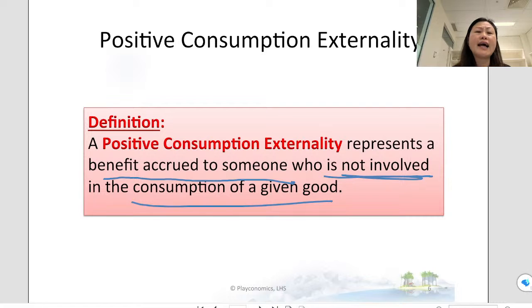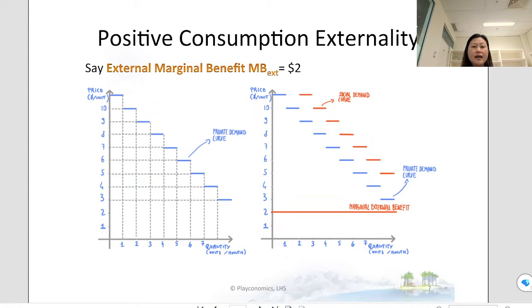Now, hopefully I can finish the next bit in 10 minutes. Now, we are going to look at positive consumption externality in terms of a graph.